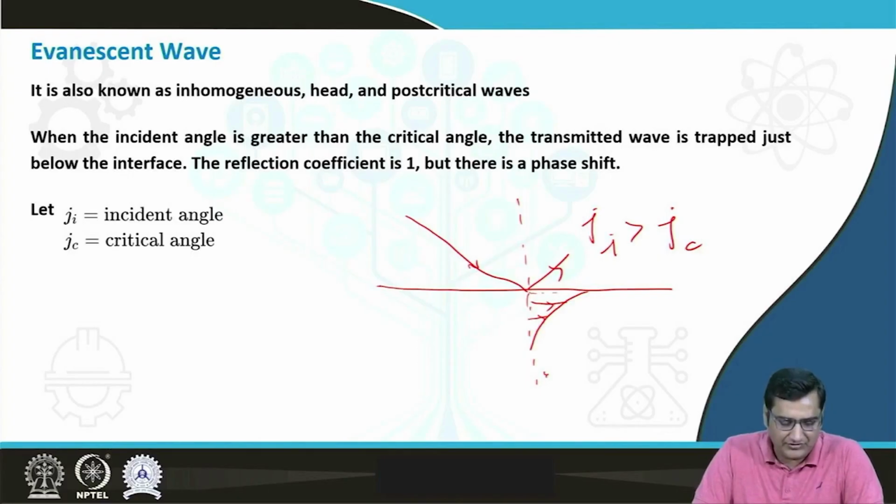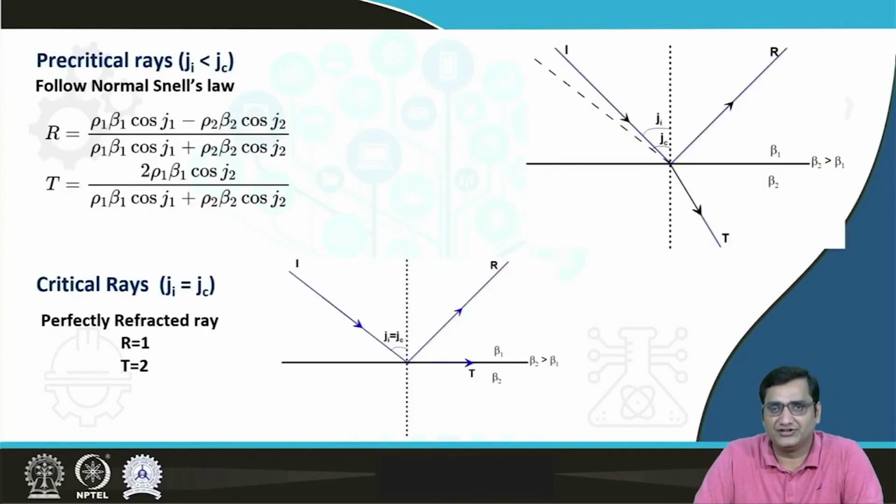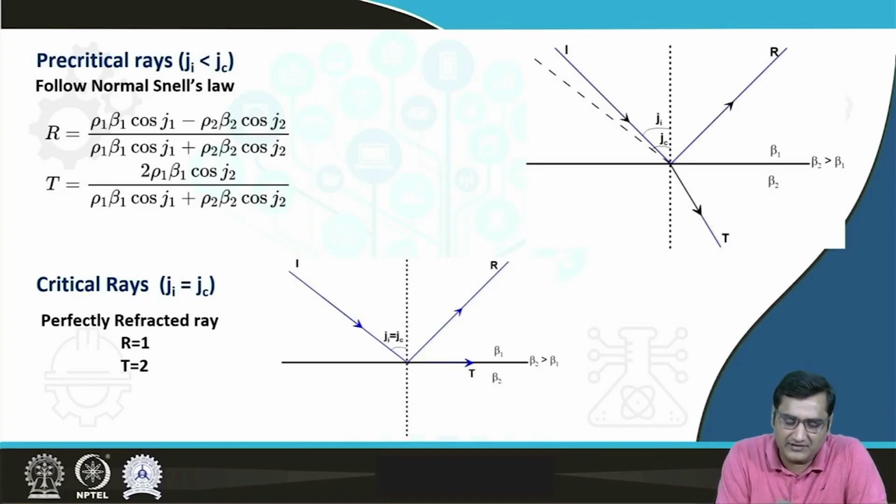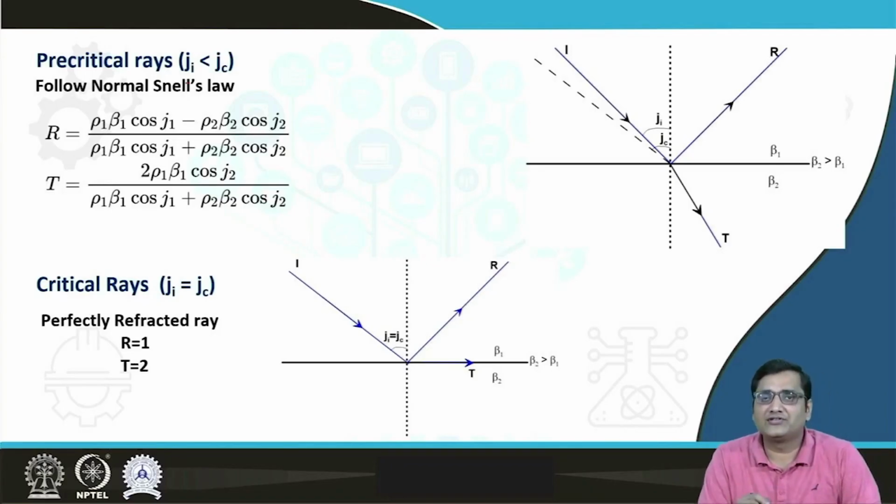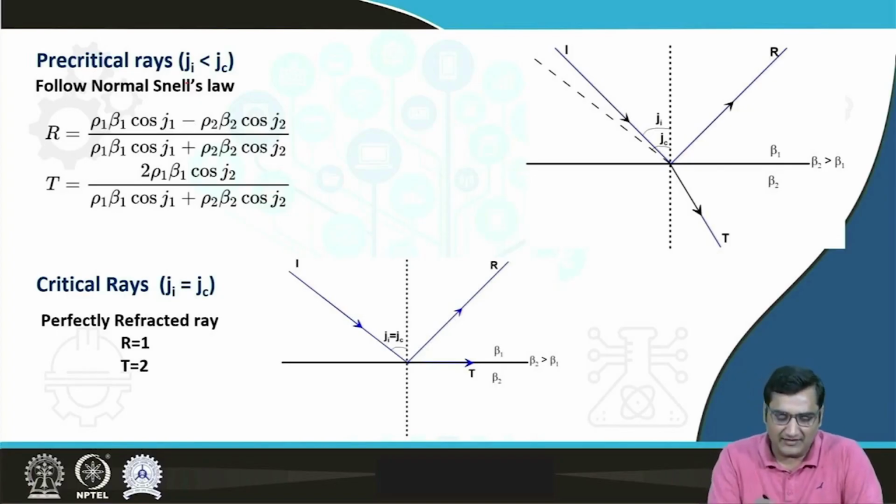Let's suppose the incident angle is Ji and the critical angle is Jc. Then we can write the reflection and transmission coefficient for the pre-critical waves. So what are pre-critical waves? Pre-critical waves are the rays when the incident angle is less than the critical angle. If that happens, then it will follow the normal Snell's law.